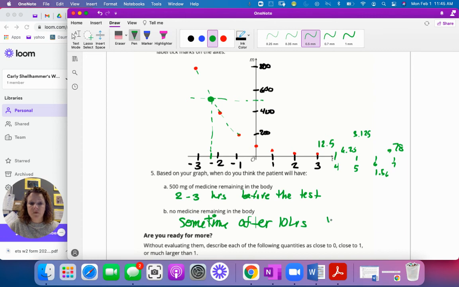And I'm going to support that with the equation. 100 times 1/2 raised to the 10. And I get 0.0977 milligrams.